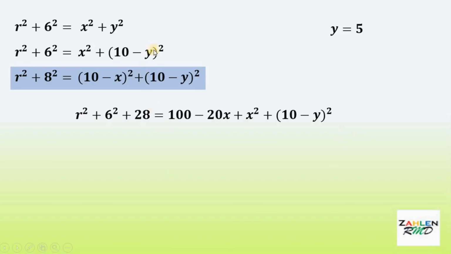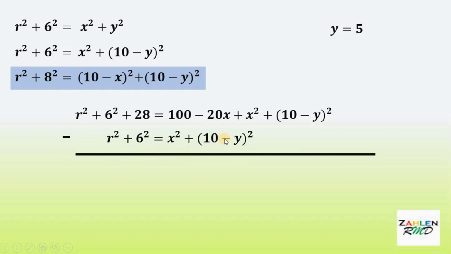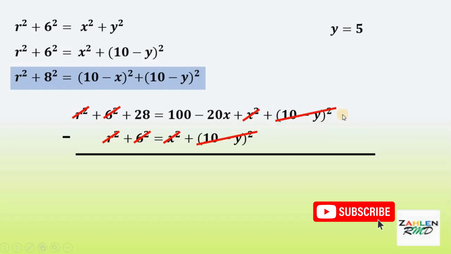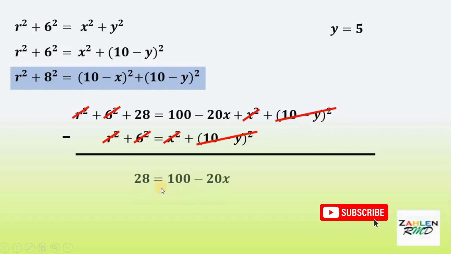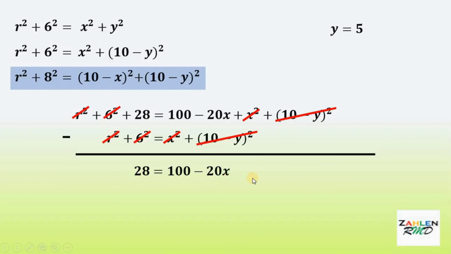Now at this point, we need to take the second equation and subtract it from this equation. If we do that, r squared cancels out, 6 squared cancels out, x squared cancels out, and (10 minus y) squared cancels out. What remains is 28 equals 100 minus 20x.